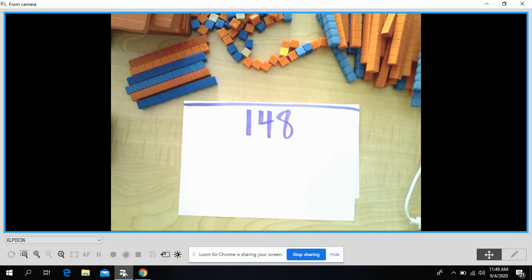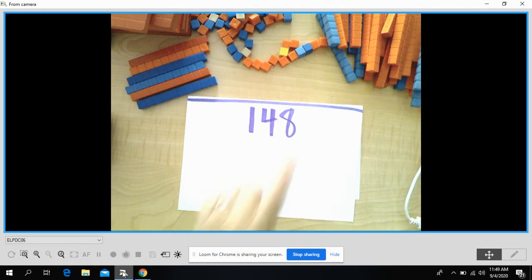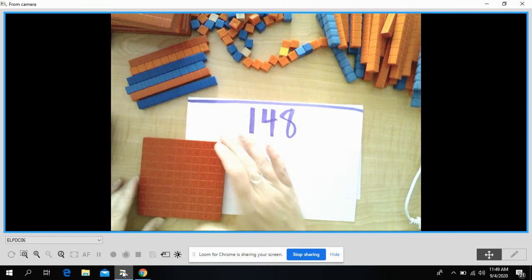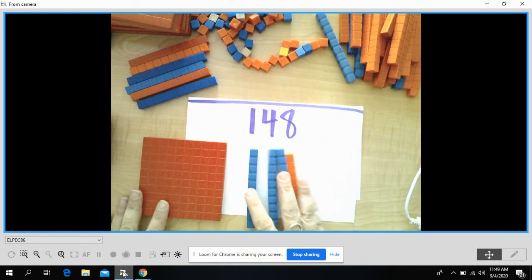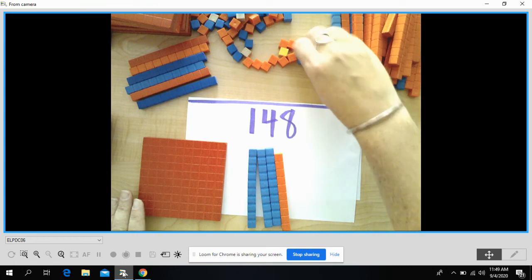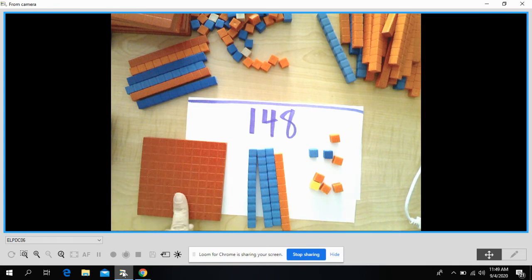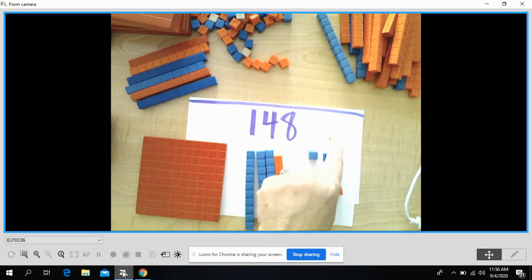Now, if I think of 148 and I think of the value of the 1, the 4, and the 8, I could think of 148 like this, with this board that represents 100, 4 tens that represent my 40, and now I'm going to bring in 8 ones. 100, 110, 120, 130, 140, 141, 142, 143, 144, 145, 146, 147, 148.